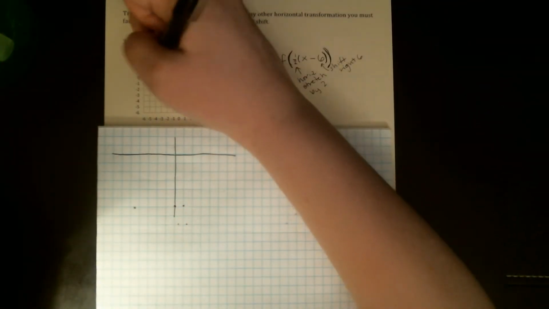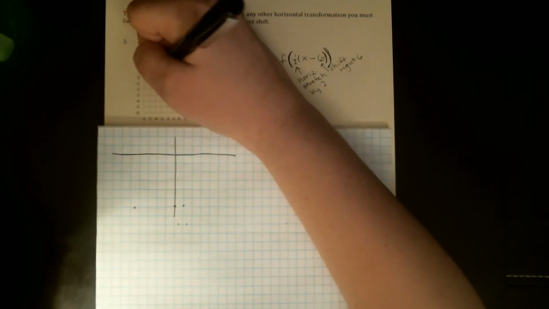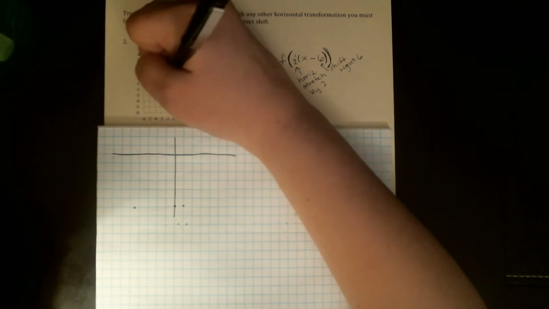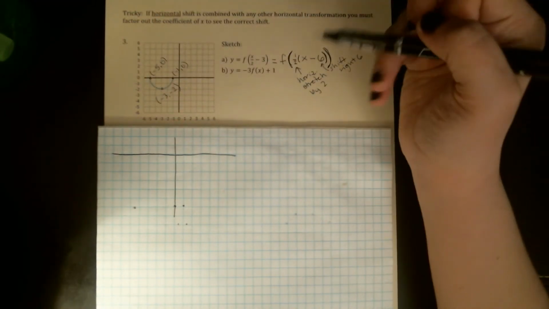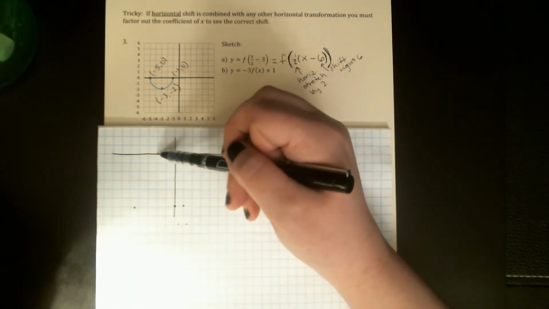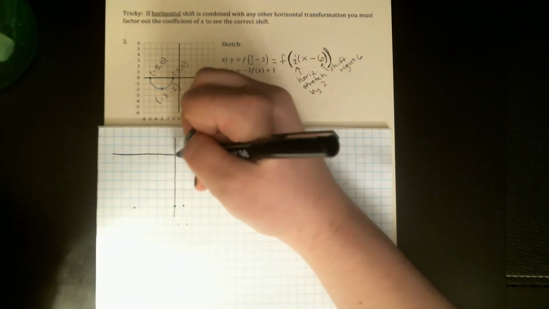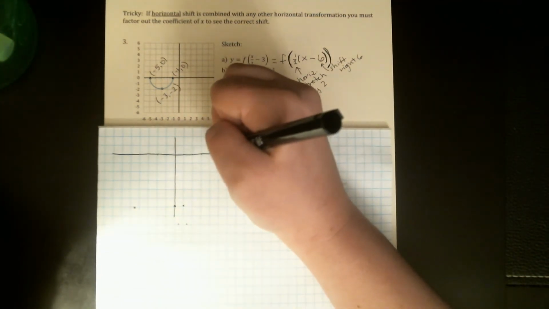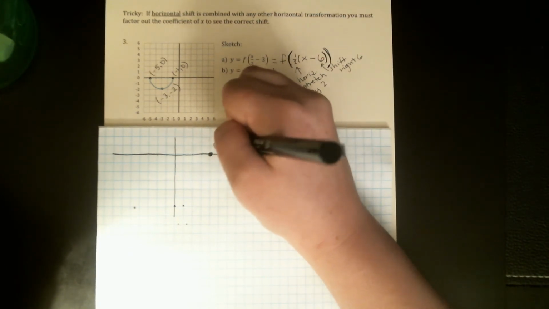Okay, if I start with -1, 0, I'll use the same points I did last time. If I do a horizontal stretch by 2, it's going to end up at -2, 0. I then need to shift to the right 6. So 1, 2, 3, 4, 5, 6 will end up at 4, 0.